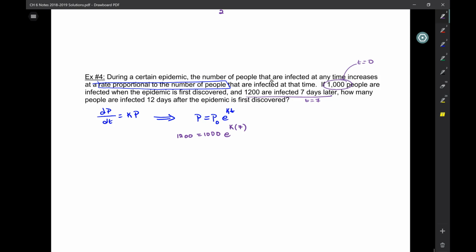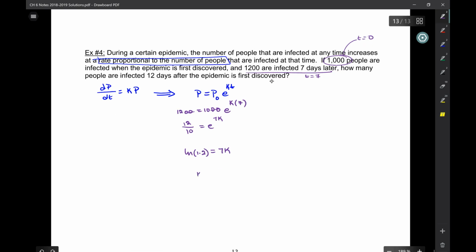So you cancel out 2 zeros here. We have 12 over 10 equals e to the 7k. That's 1.2. So ln of 1.2 is 7k. So k is ln of 1.2 over 7.